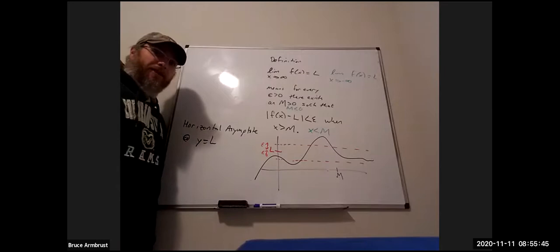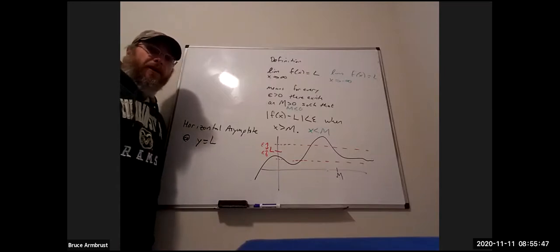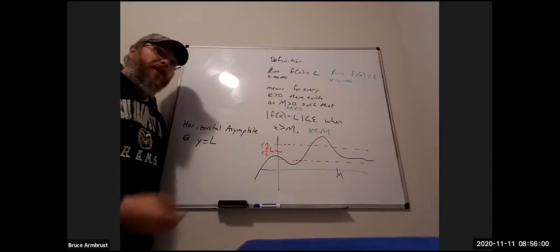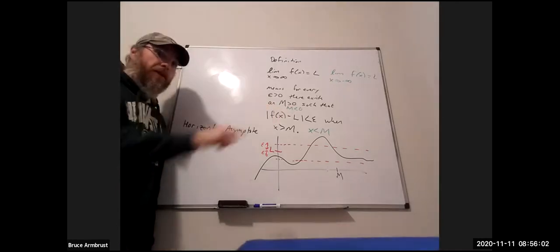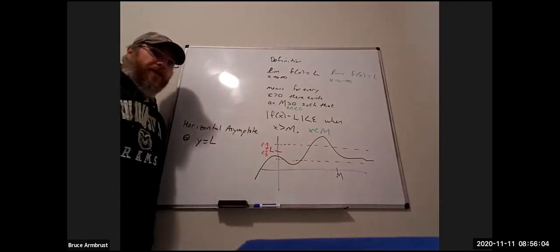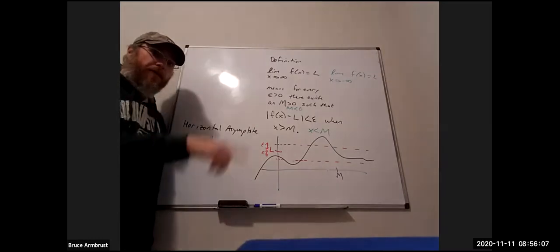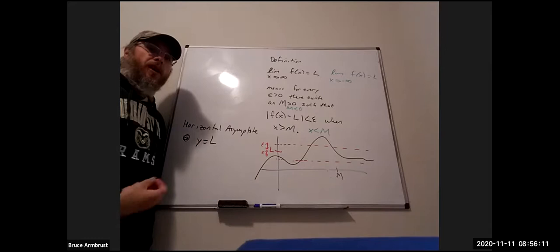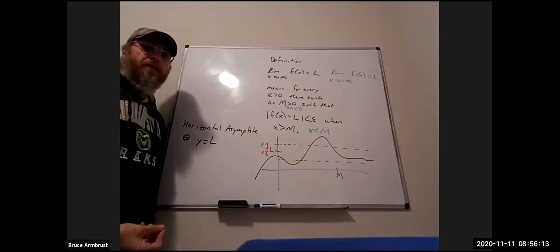Any polynomial actually has that kind of thing going on. Exponential functions grow without bound. Logarithmic functions grow without bound. Some of the trig functions have different issues. Like sine, there is no horizontal value and there is no infinite limit, because it keeps bouncing back and forth. And we saw examples of that with regular limits as well. So all of those same issues happen.